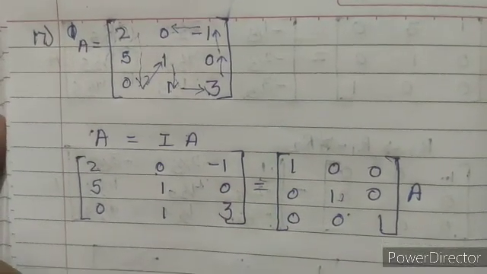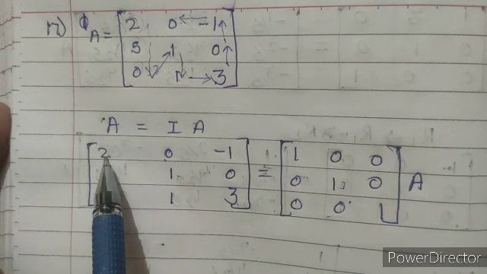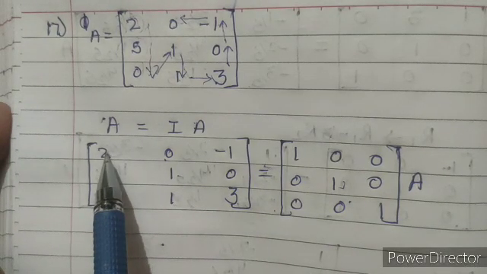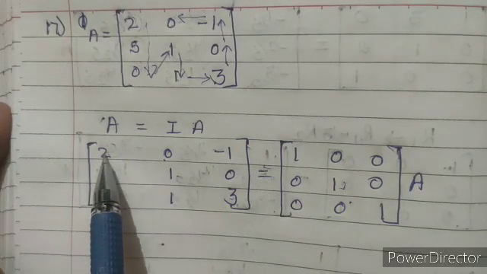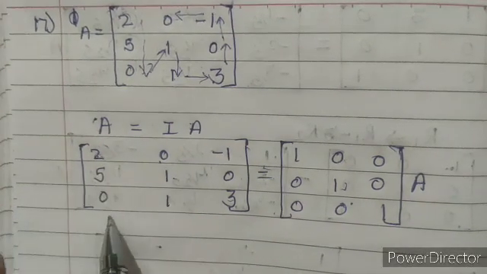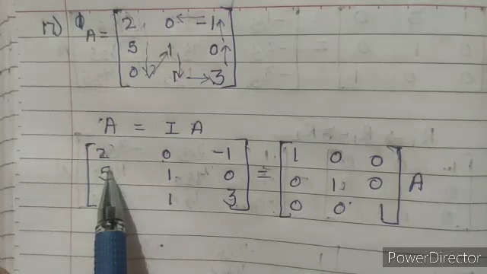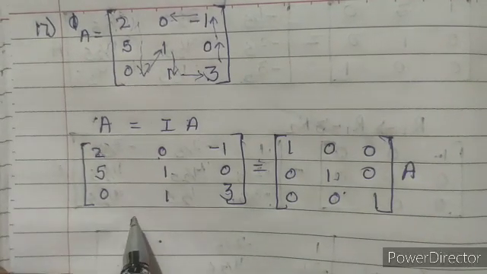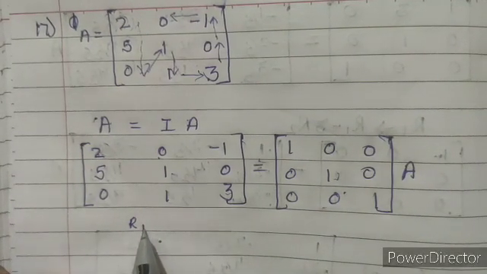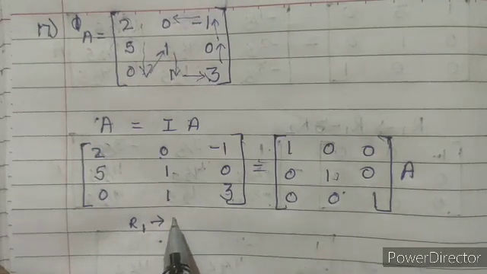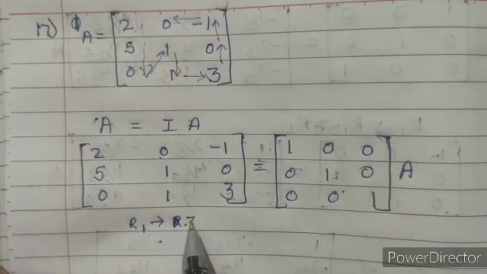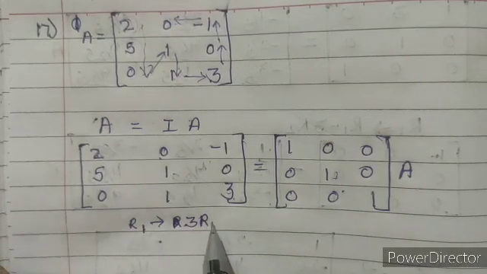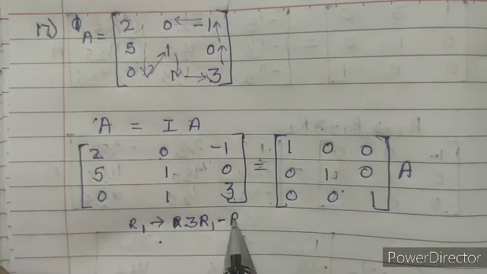Now here if you want to convert the first element of the first row, in order to make an identity matrix, this should be equal to 1 and it is 2 here. Now we can solve it in two ways. First one is that we can write R1 changed to 3 into R1 minus R2.